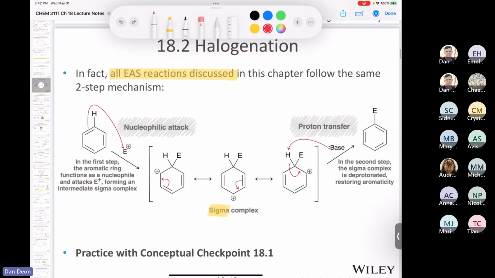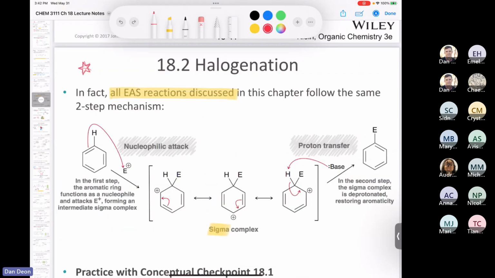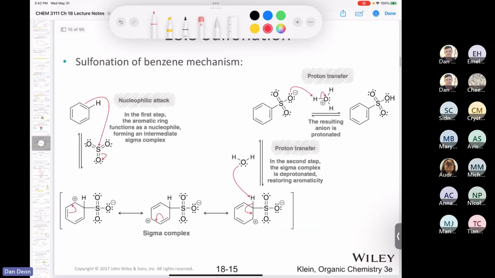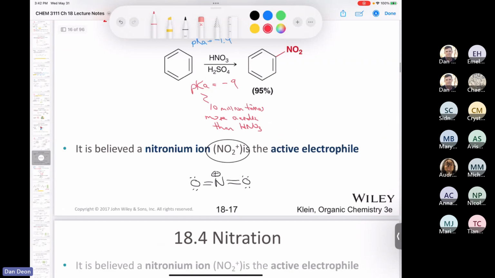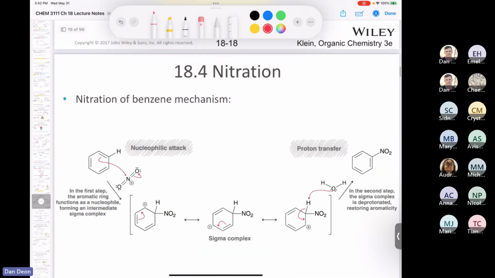Then this is the generic electrophilic aromatic substitution. Then if we go for sulfonation, again, it's electrophilic aromatic substitution, same mechanism, just a little nuance. Then we go to this one here, nitration, same old mechanism. Nucleophilic attack, sigma complex, proton transfer, done.